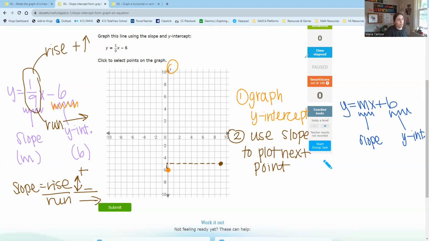And then finally, my last step is to connect points with a line. So I will draw a straight line through these points. Whoa. Let's try that again.